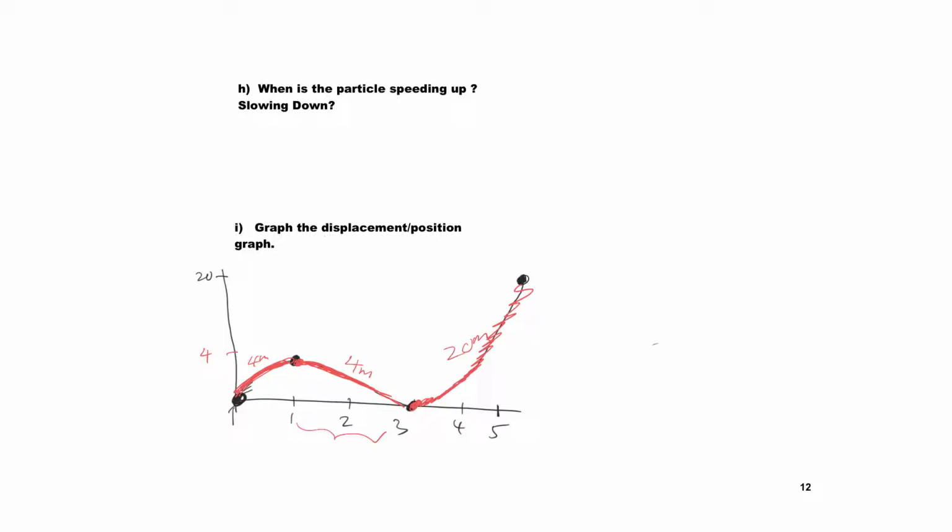For the next question, when is the particle speeding up? Speeding up means when the velocity is positive and the acceleration is positive, or when the velocity is negative and the acceleration is negative. We already figured out the derivatives, the velocity and the acceleration.